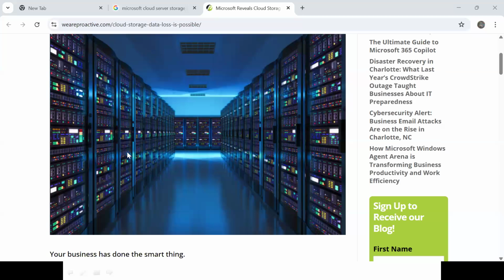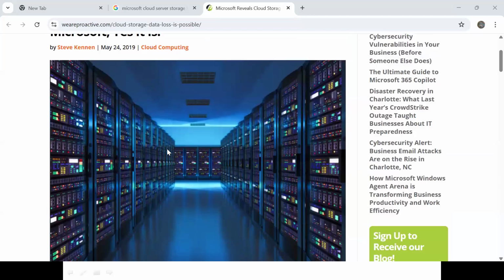And Microsoft is even storing servers underwater. Let me open it. Because if something goes wrong with the servers, they will get the data from there also.